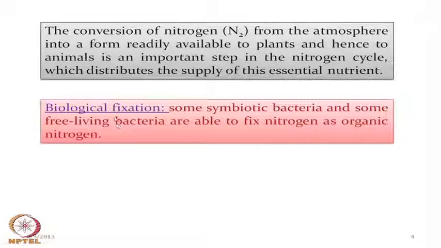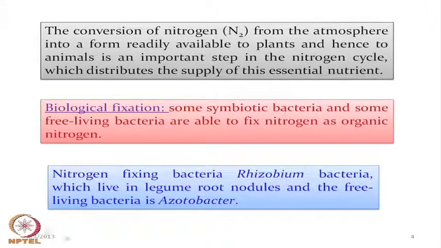So, we can consider this as biological fixation. Biological fixation is dependent on nitrogenases, and these nitrogenases we are unable to make for laboratory or industry use, but bacteria have these nitrogenases, which are useful to store the nitrogen in some useful compound.